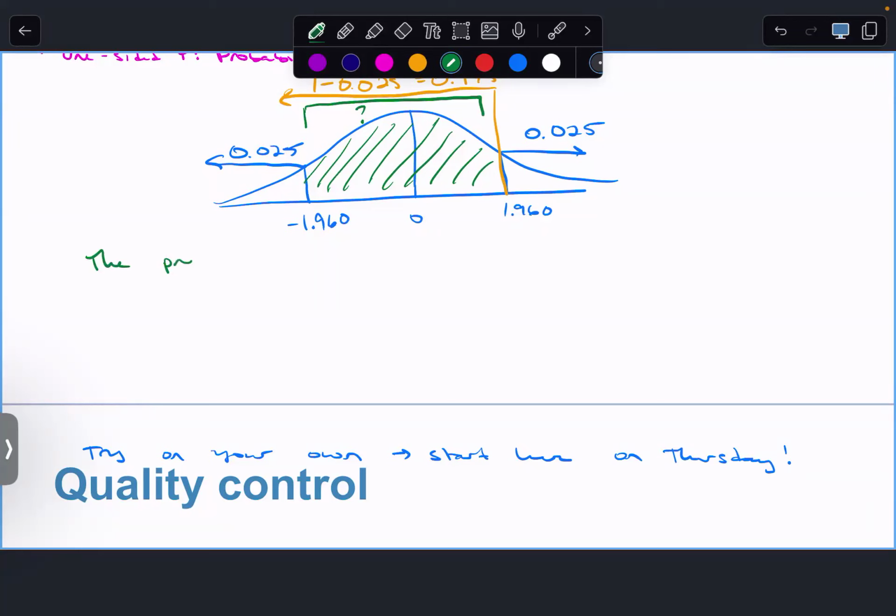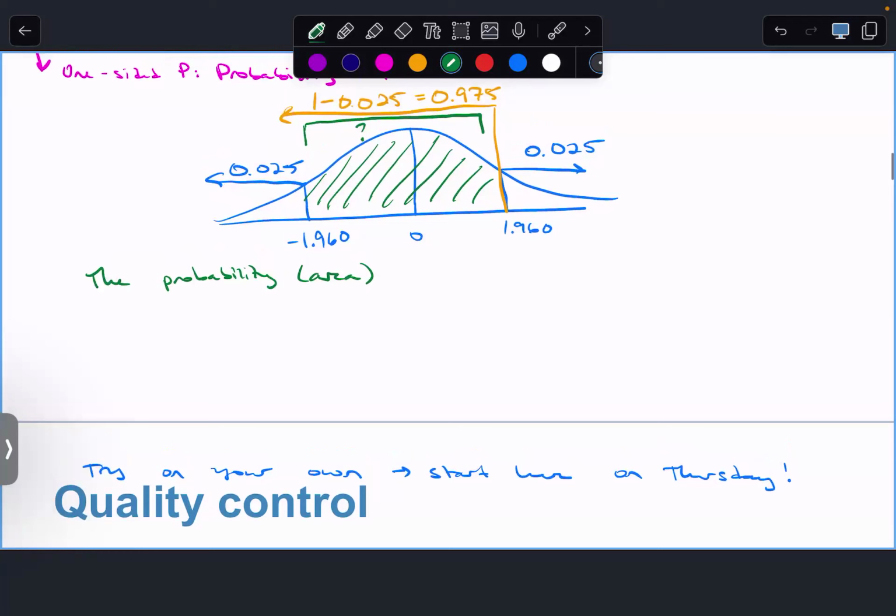But this area, the probability, which is an area. But the areas are probabilities. You need to make that link. If I'm trying to find a probability, I'm trying to find an area.